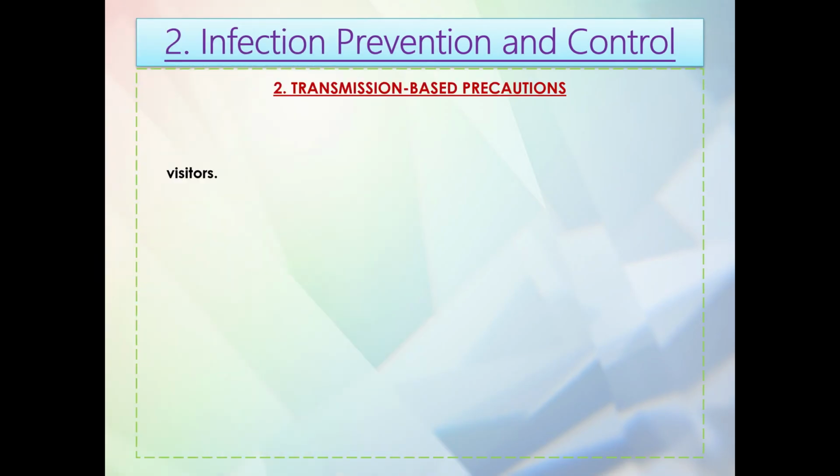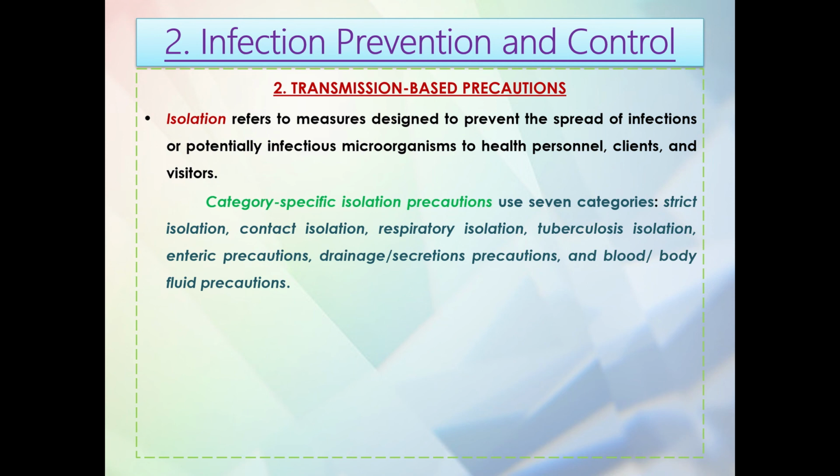So let's focus first. Ito muna, definition lang ng isolation. So when we say isolation, it refers to measures designed to prevent the spread of infections or potentially infectious microorganisms to health personnel, clients, and visitors.